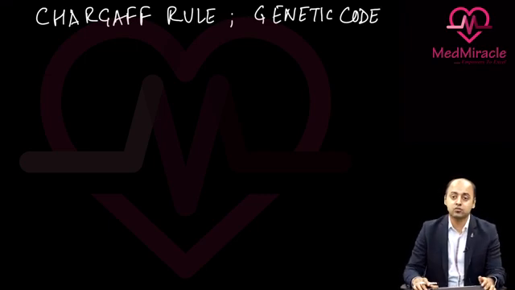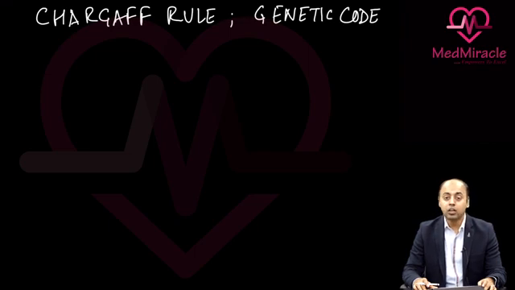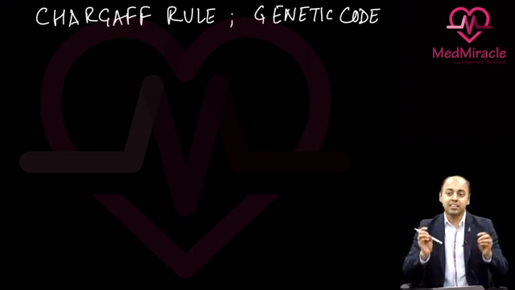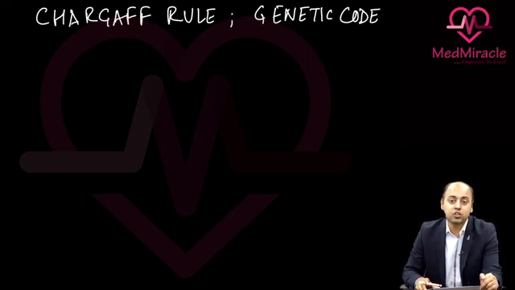A lot of questions come from the Chargaff rule. The Chargaff rule can be somewhat confusing, and there are a lot of slightly correct-sounding options in the genetic code. So the genetic code questions tend to be tricky, and the Chargaff rule can be somewhat confusing. Although if you have done them properly, they are very simple topics, and you will score very well.